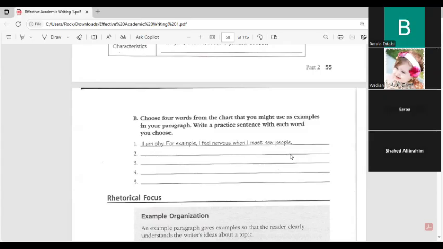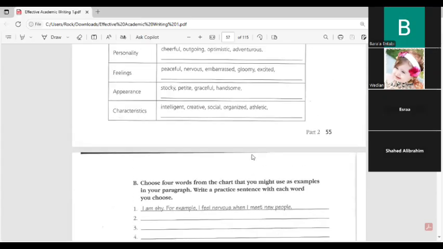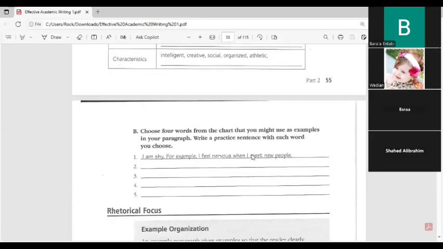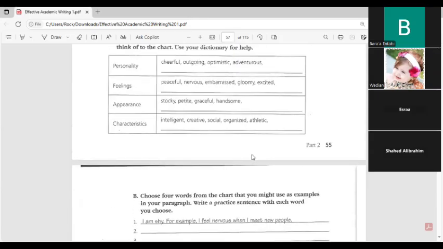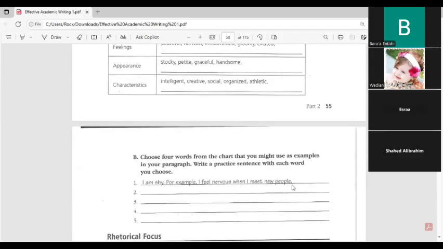Can you please choose one of these words to describe yourself, and why do you think so? Okay, I'm graceful.